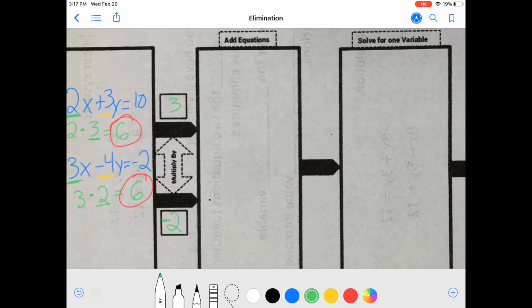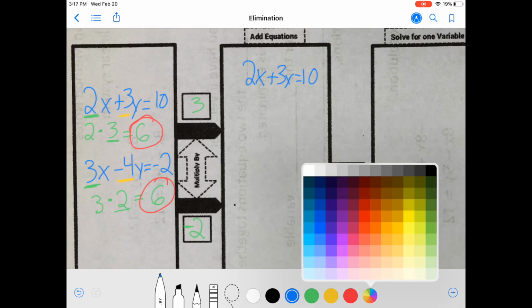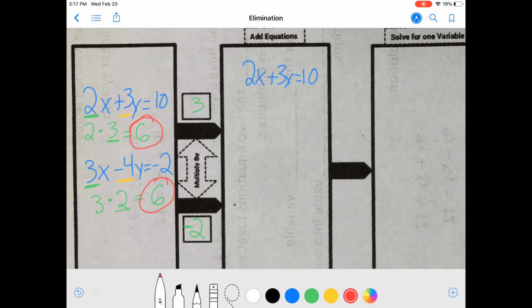So in the second box, we have 2x plus 3y equals 10, and we are multiplying the whole equation by 3.